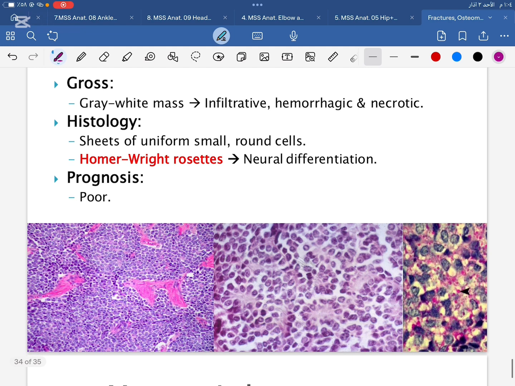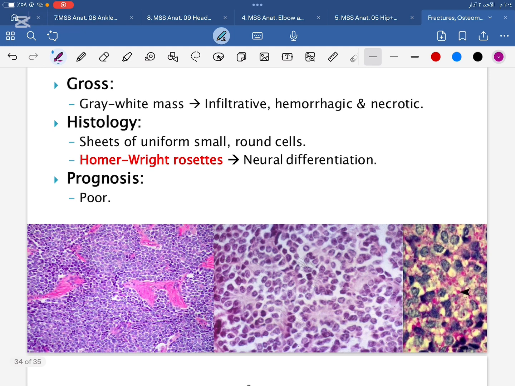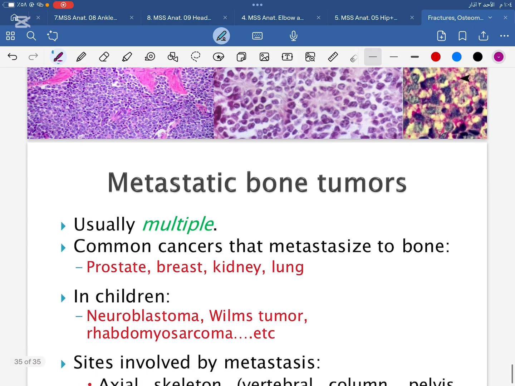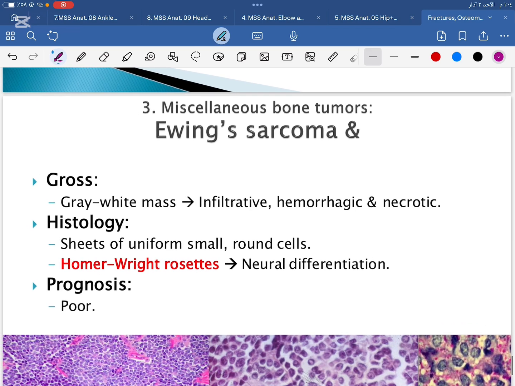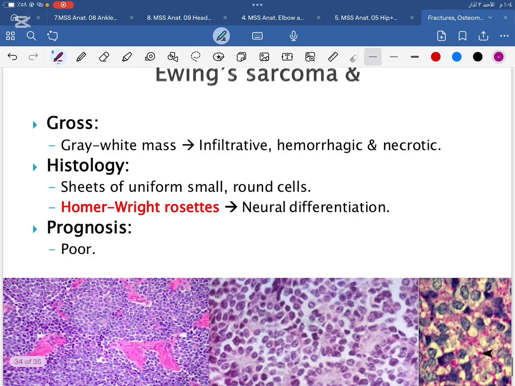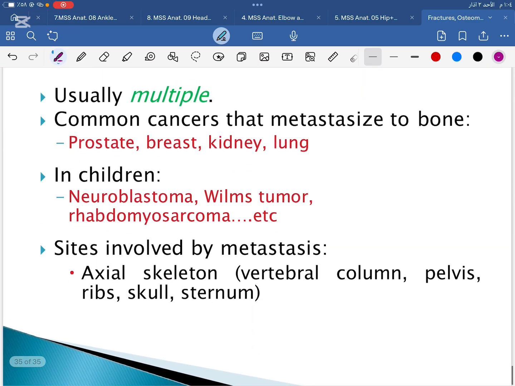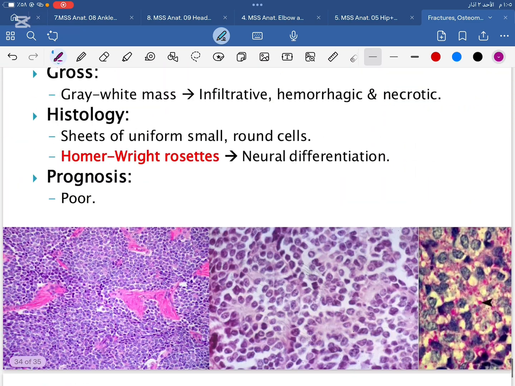Characteristic histology كمان اللي هي الHomer Wright rosettes. Rosettes بتكون malignant cells arranged in a circle around neural filaments at the center. تمام؟ لهيك بنسميه احنا neuroectodermal differentiation. بيكونوا surrounding neural filaments. نسميهم Homer Wright rosettes. Characteristic for what? Ewing sarcoma.